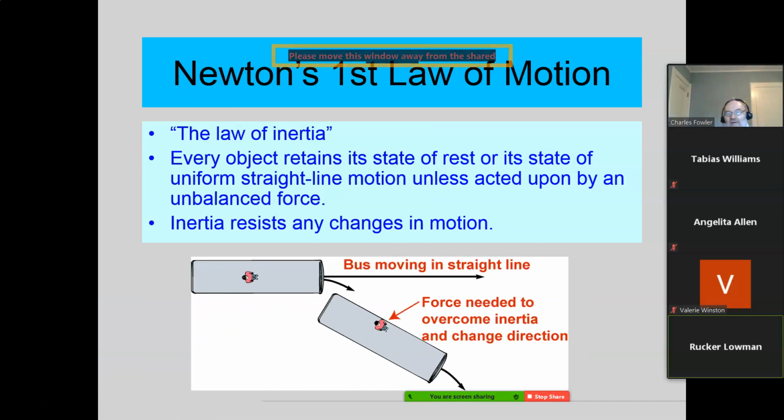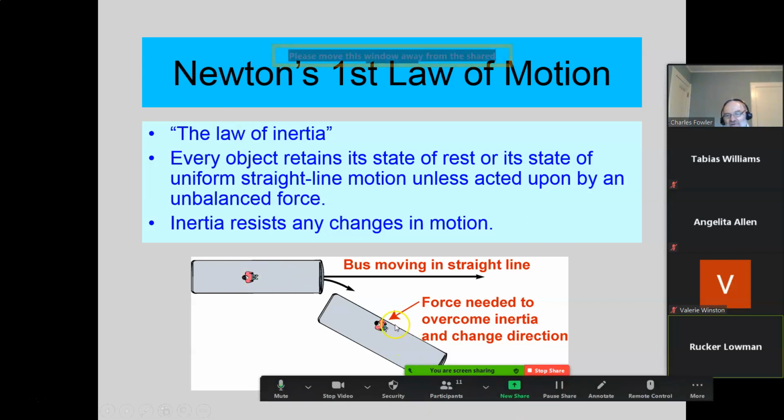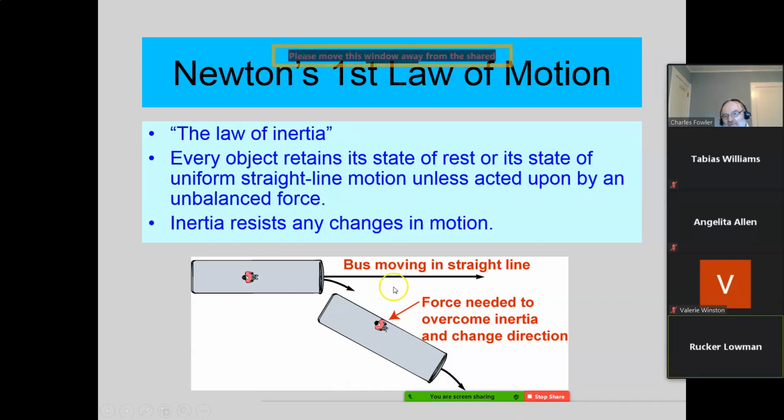Or you're standing in the aisle of the bus, all the seats are taken, you're trying to be real macho about it and not hanging on to anything. If that bus makes a sudden turn to the right, wham, you bump into the person to your left because you're trying to maintain that same state of motion when the bus turns. And actually, it turns and hits you because you're trying to maintain your state of motion.